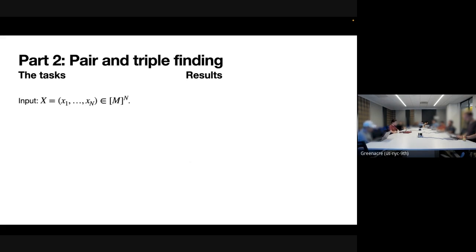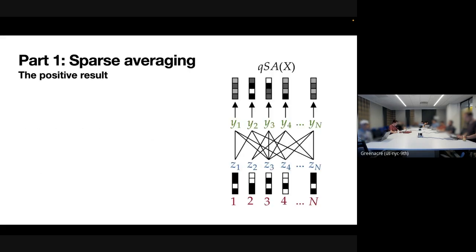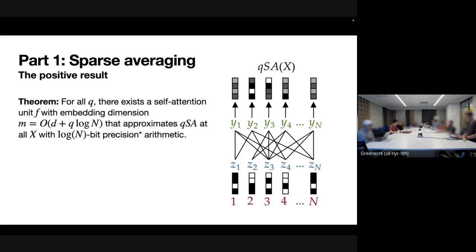Okay, so I'll talk a little bit about part one, and then we'll get to part two. I may skip over a few parts of the second result. What I want to first do is talk about the positive result for representing the sparse averaging task using a transformer unit.